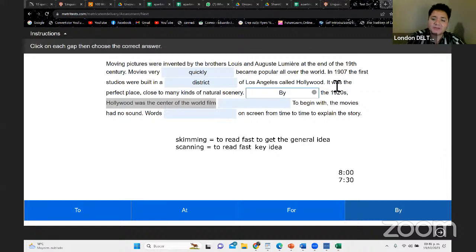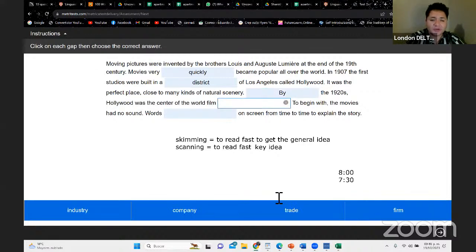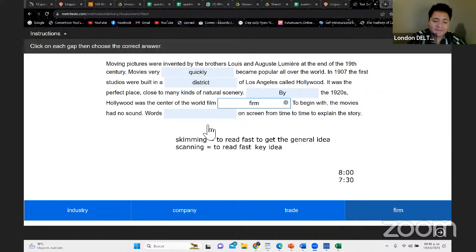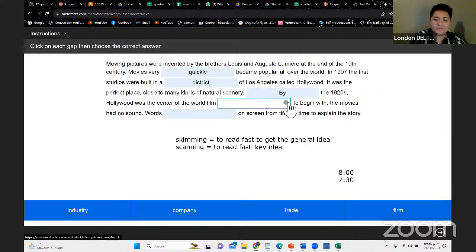In this case, in the past, an event occurred. You use by. Not really difficult here, right? Now it says Hollywood was the center of the world film: industry, company, trade, or firm. Choose an option, A, B, C, or D, or you can write the word in the chat. Please, you have, I don't know, 15 seconds.